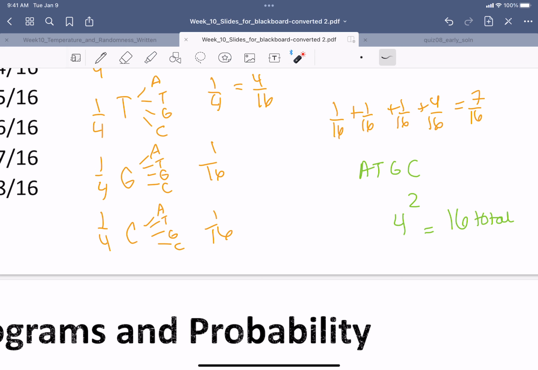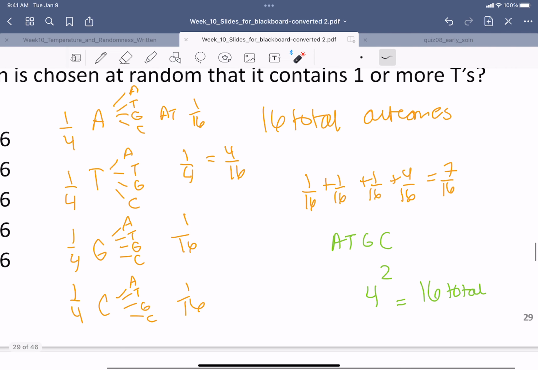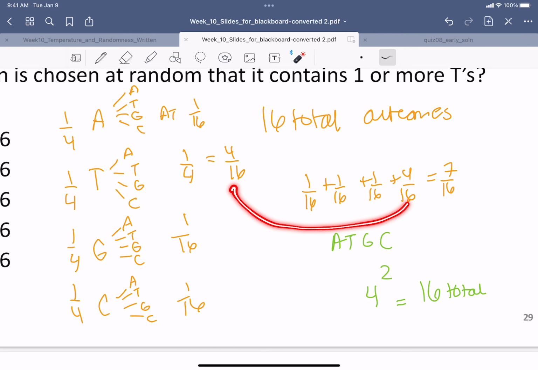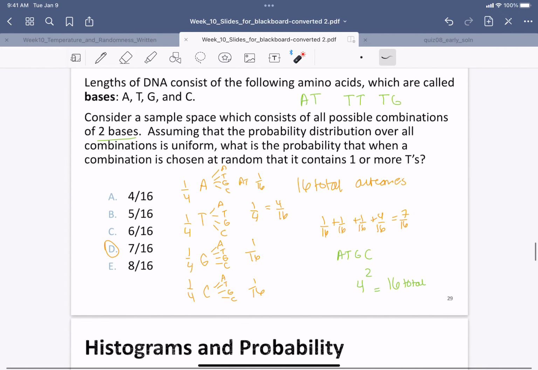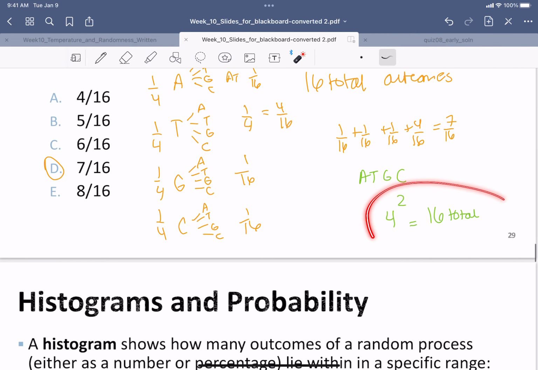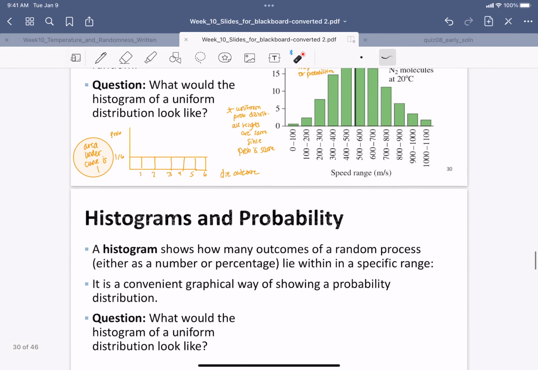CT is the only one here, so that's 1 out of 16. Plus 4 out of 16, plus 1 out of 16, plus 1 out of 16 will get you 7 out of 16.